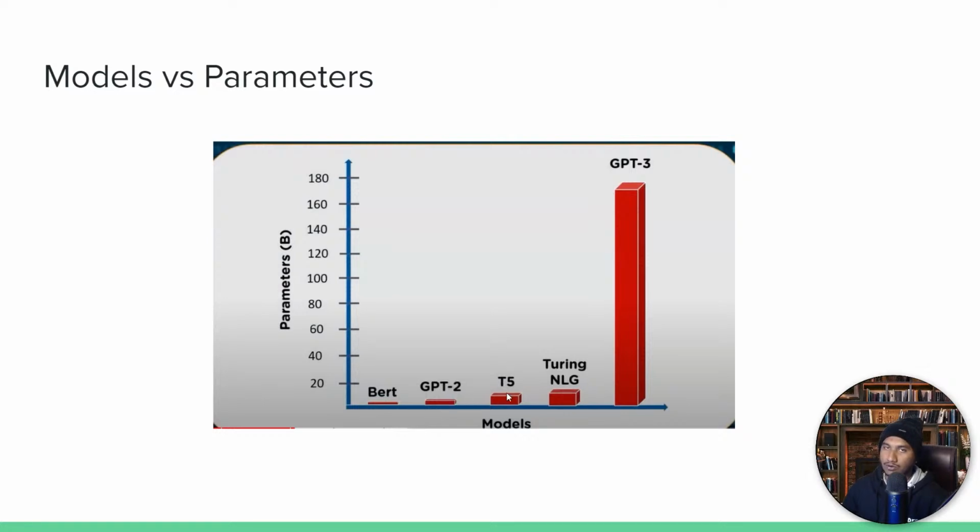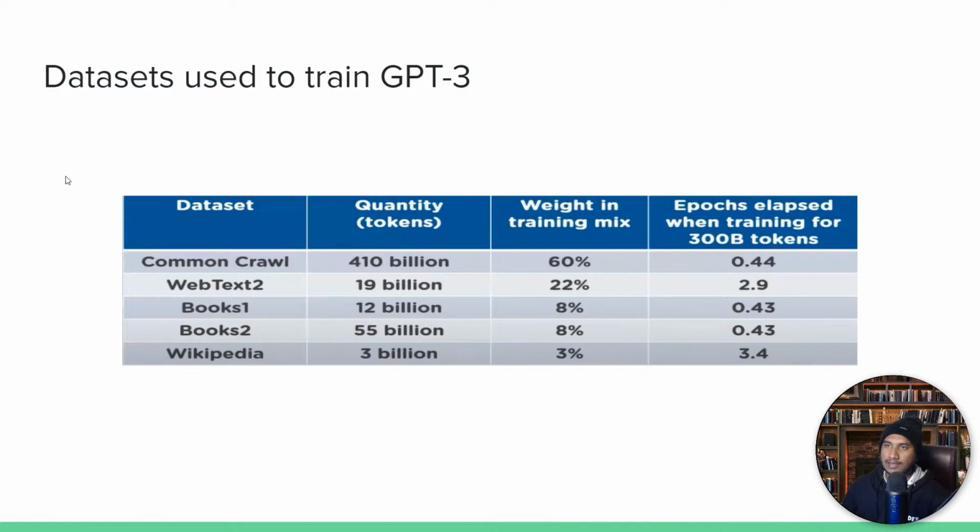Then you have also used T5 and Turing NLG. Here, BART has around less than 10 billion parameters, and then GPT-2, T5 and the other models. Apart from them, GPT-3 has around 175 billion parameters, which is very huge. And guys, these are the datasets they used for training this GPT-3.